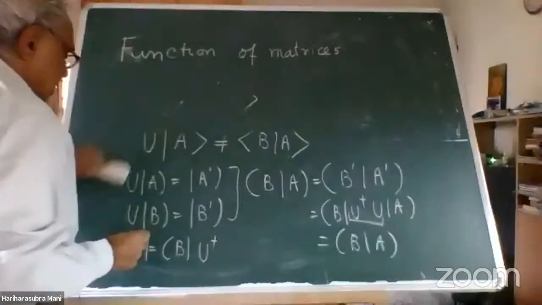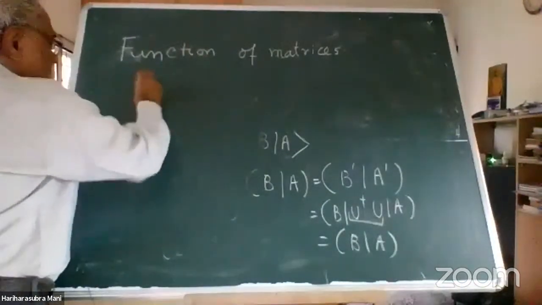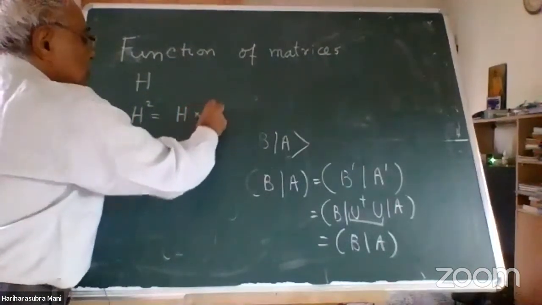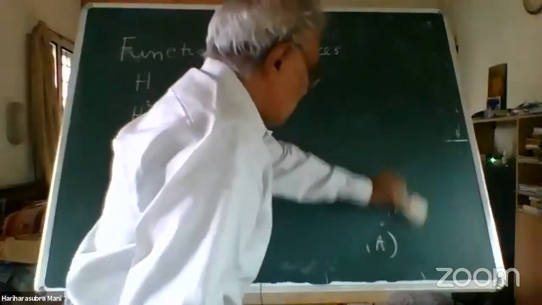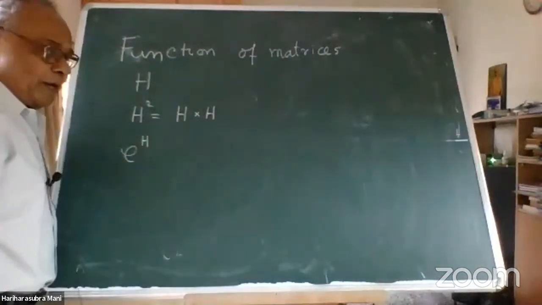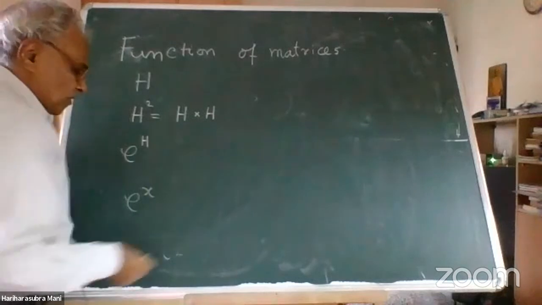Now let me write down. Let me take an operator H. I can write H squared, which is very simple: H into H. Similarly, I can write H cubed. Now I can define e to the x. How do I define e to the x? The same way I define e to the x in real numbers or complex numbers.